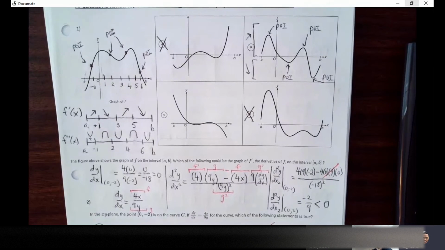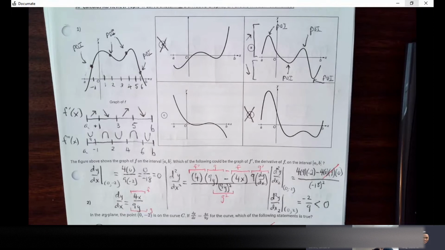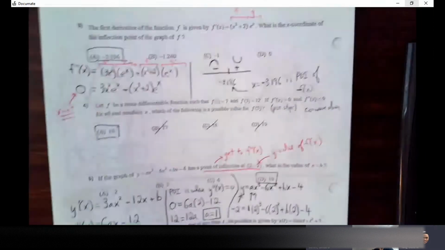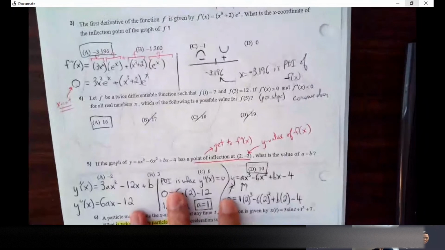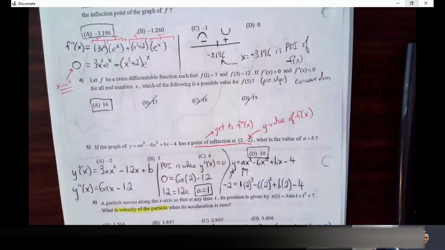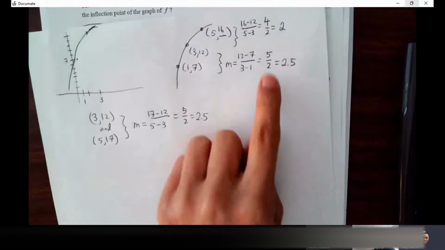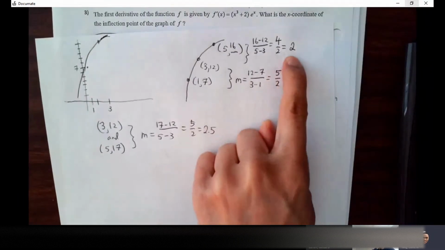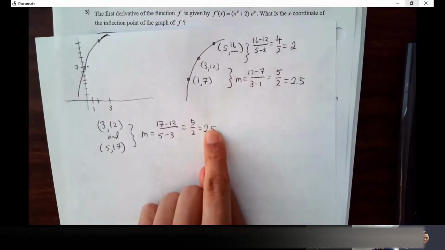Okay, still have any questions about number 1? Number 1 is good. For number 4, are we assuming that it's at 16 because that's the only number lower than 17? Exactly. 16 is the only number that's going to give me a slope anything less than 2.5. 2.5 is not good enough.